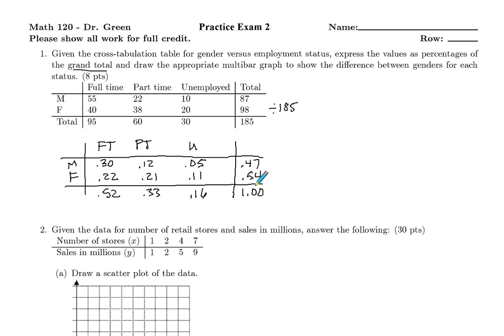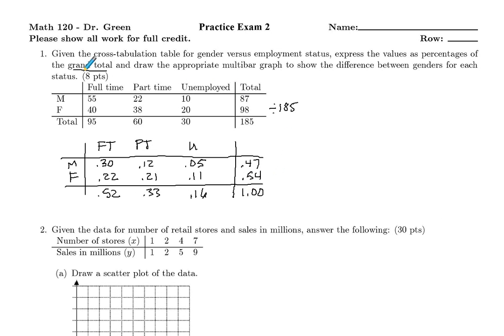So notice this last column total actually adds up to 1.01. But you want to do the 1.00, 185 divided by 185. So we got a little bit of round-off error here. And then it looks like these guys did the same thing. 6 and 3 is 9, 10, 11. So it looks like your last row total also has a little bit of round-off error. But this should always be 100%.